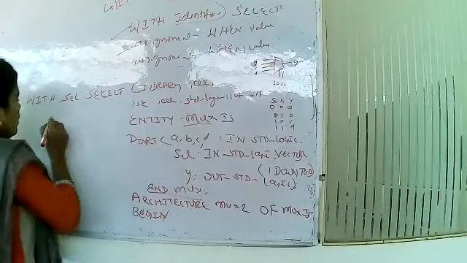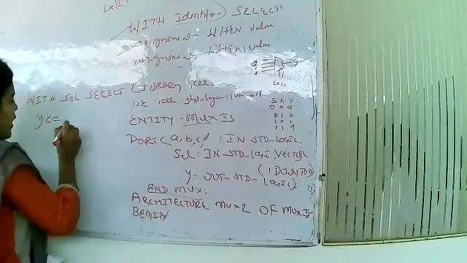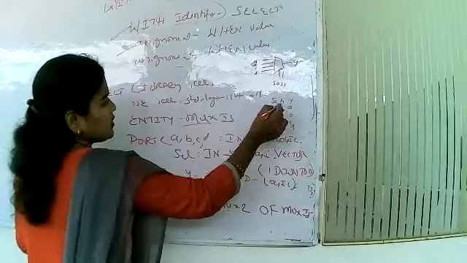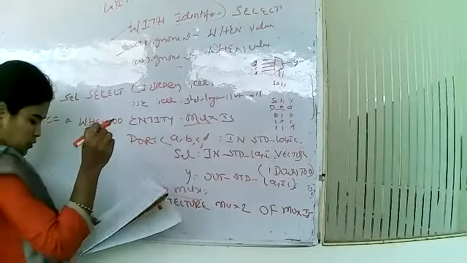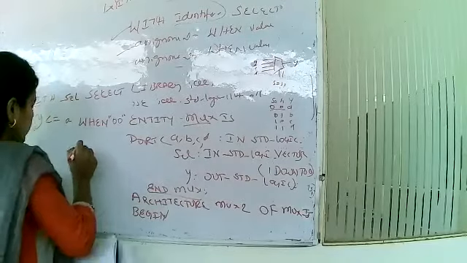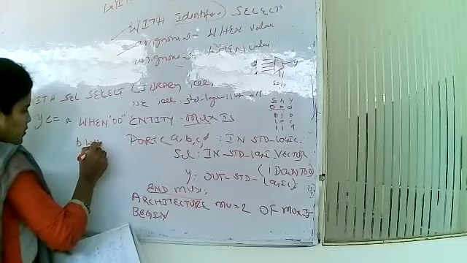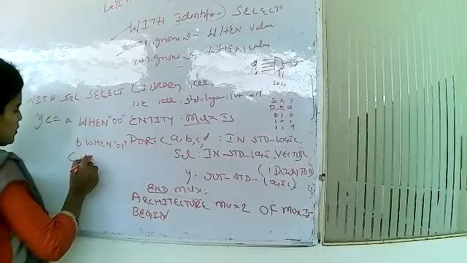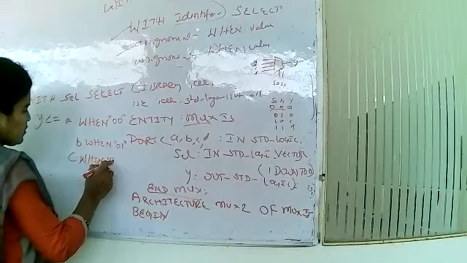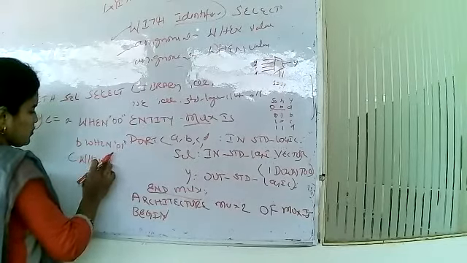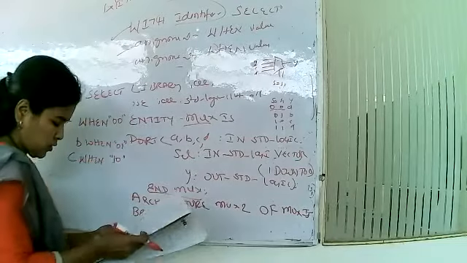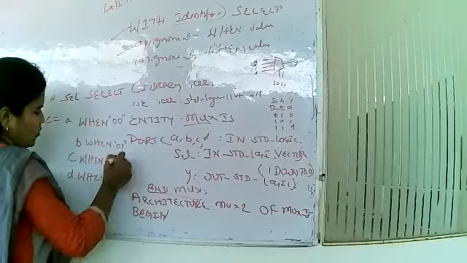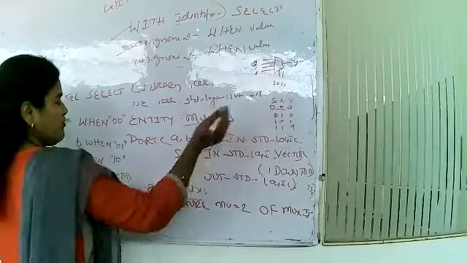Which assignment is that? Output y will be A when it is 0 0, B when it is 0 1, C when it is 1 0, and D when it is others, meaning other than all these, which is nothing but 1 1.